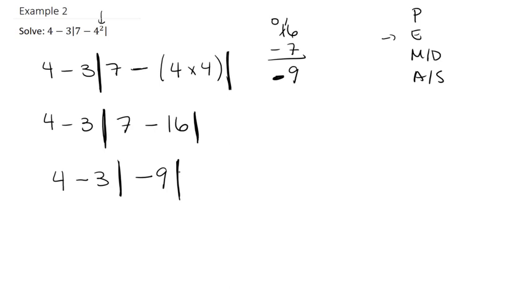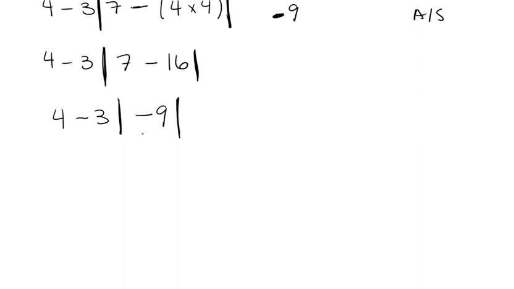Before we can do multiple other steps, now this negative 9 becomes positive because it's in the absolute value sign. So we have positive 9. Now we need to deal with the order of operations because we simplified inside the absolute value sign. We don't have any exponents, so our next step is to multiply.